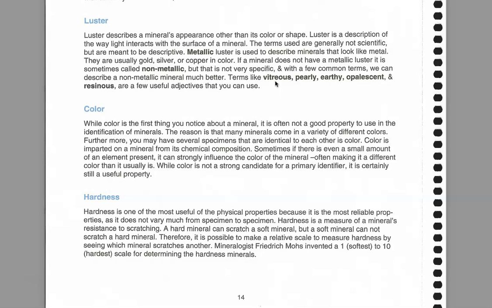Your sheets are not going to be identical to one another. Hardness is hardness. There's no question about that. Cleavage is cleavage, and so on and so forth. But things like color, and especially your descriptions, I'm jumping ahead of myself here, but there's a place in there for description. You want to write something that's helpful to you. If you don't know what ecru means, please do not write down the word ecru. Write down cream or off-white or whatever.